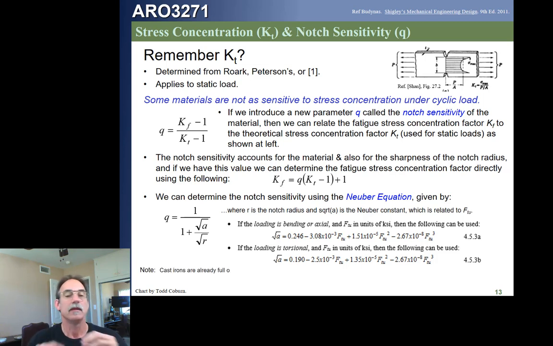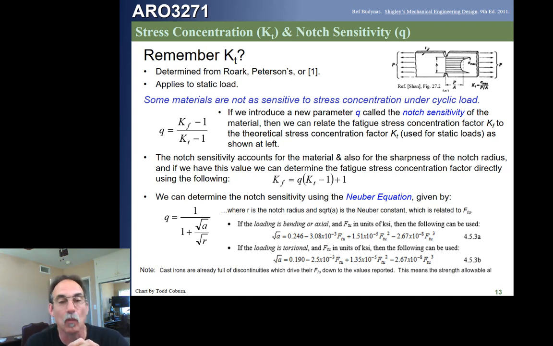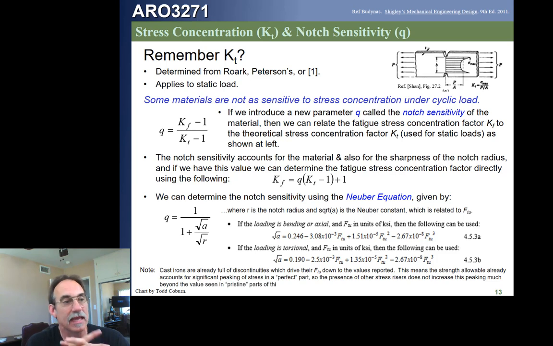Okay? Now, once we have our notch sensitivity, we plug it into this middlemost equation and calculate our K sub F. If we have a Q of, let's say, 0, what that means is your K sub F is going to be 1, regardless of what your K sub T was. This means that for that material, the notch will have no effect of hurting the stress, and we'll just have our regular net stress.